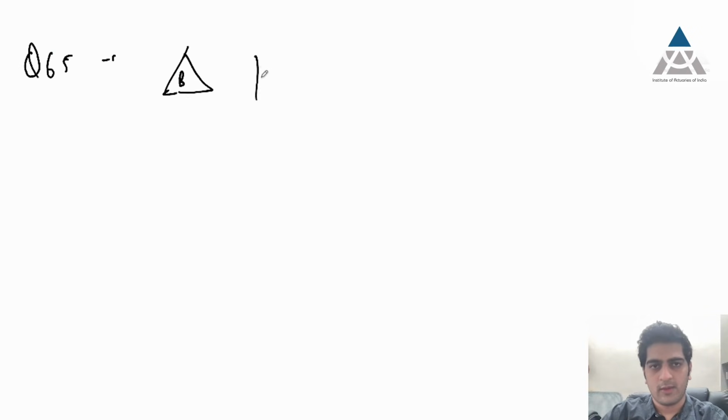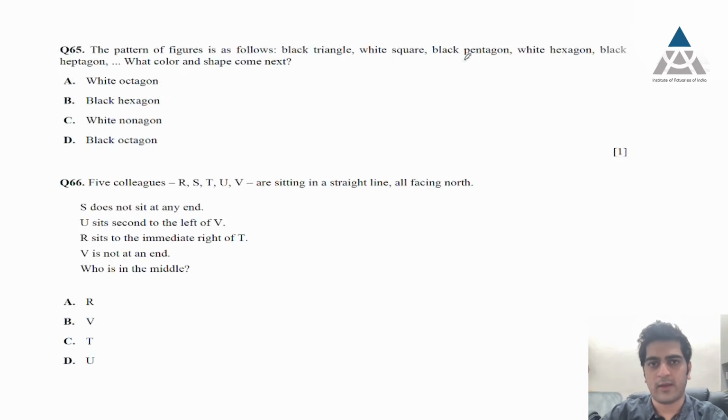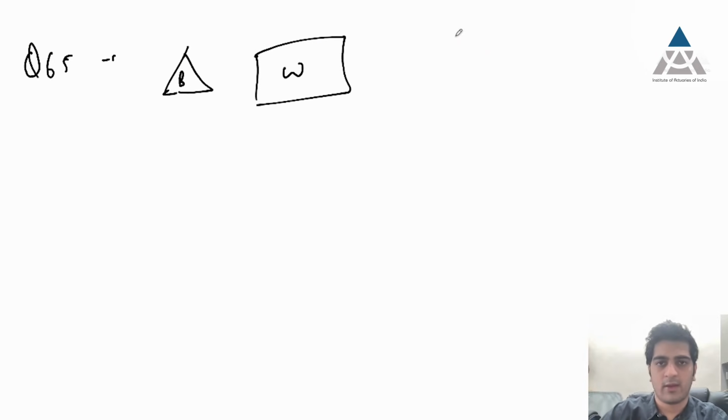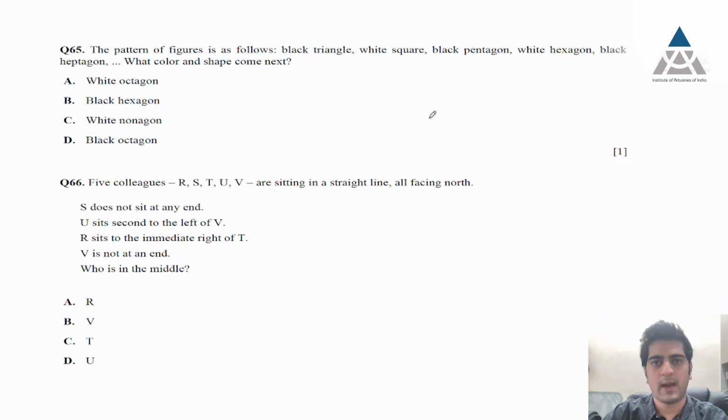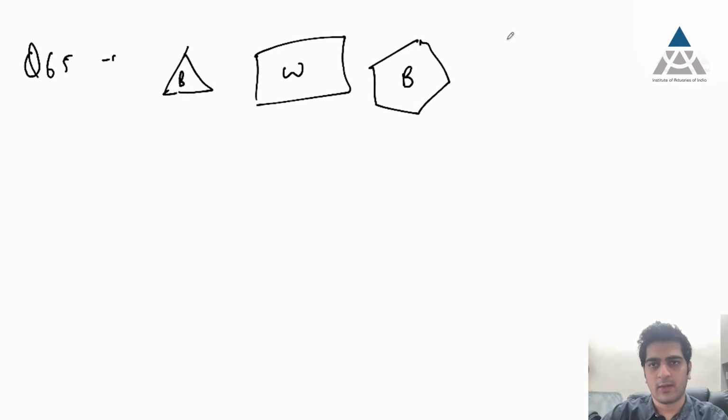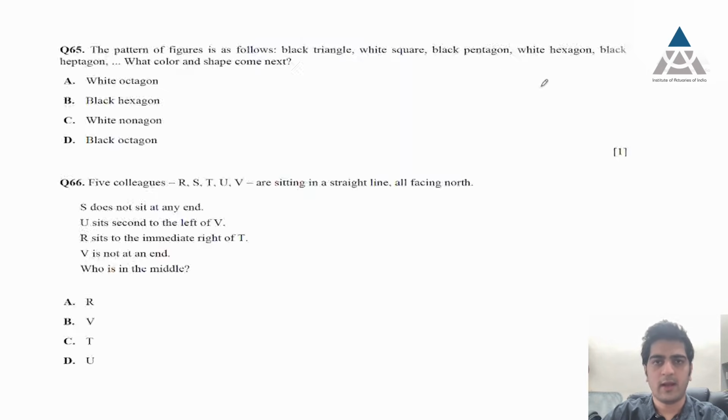Then you have a white square, so although I am using a black marker, this is white, so I'll just write white inside. Then a black pentagon. Pentagon means something with 5 sides, so something like this. This is black. Then you have a white hexagon. This is something with 6 sides, so that's a hexagon, and this is white.